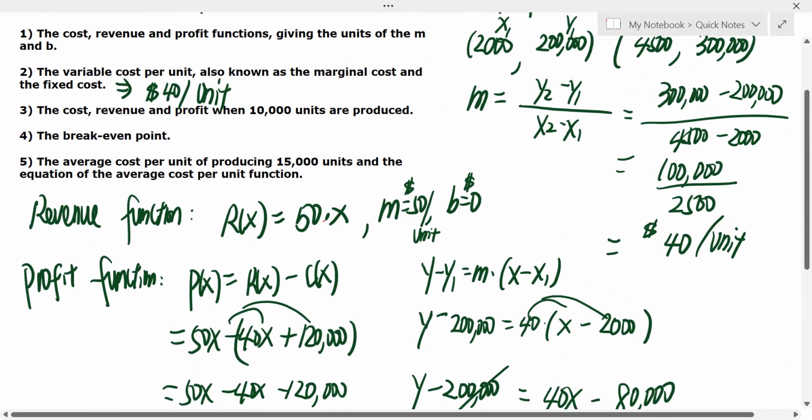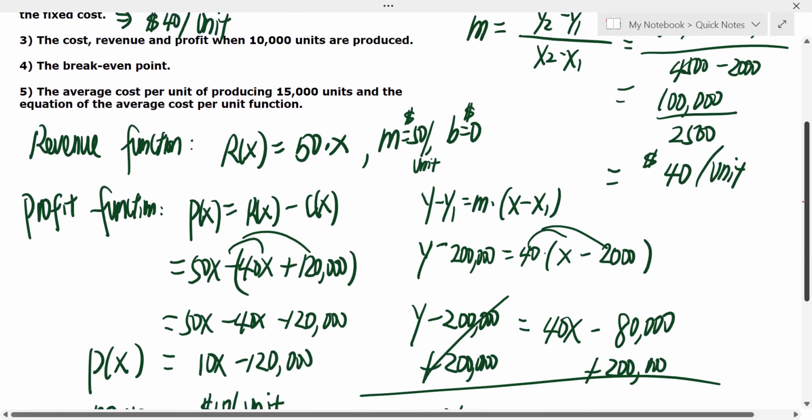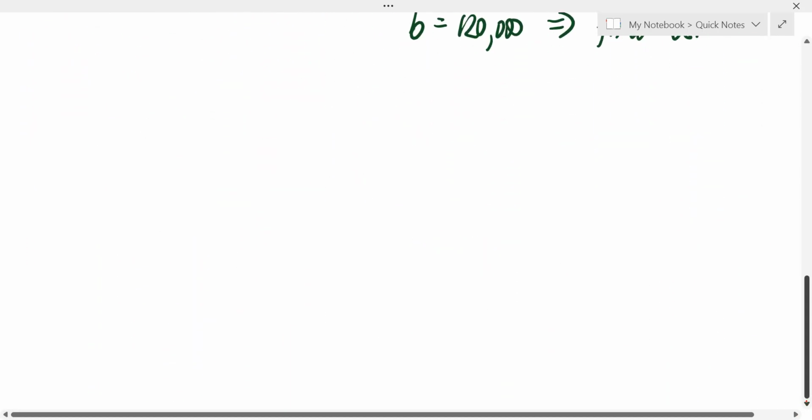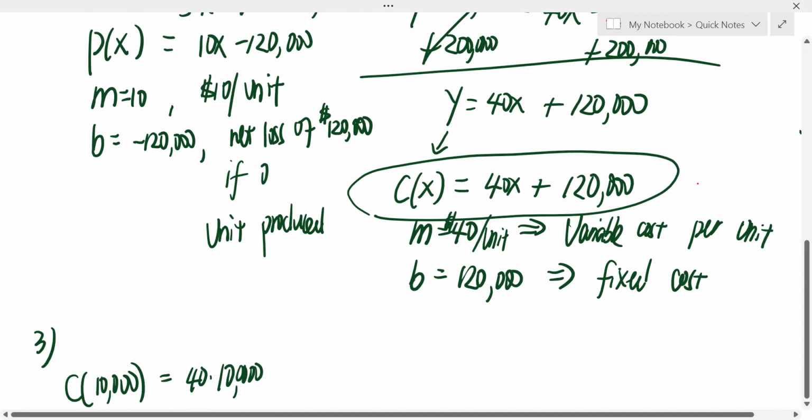Okay. And the cost, revenue, profit when 10,000 units are produced. So we just have to plug into each function properly when 10,000 units are produced. So for the cost of 10,000 units, it's going to be 40 times 10,000 plus 120,000.